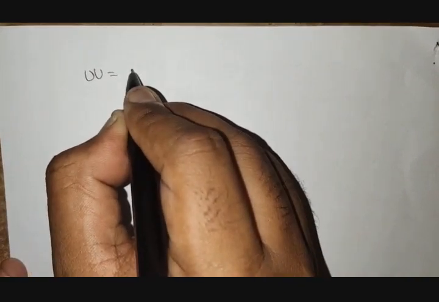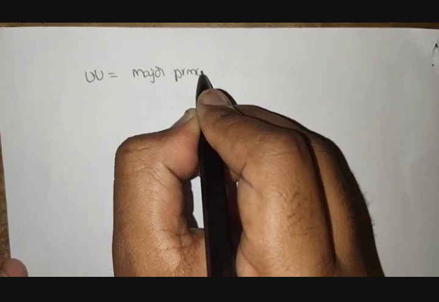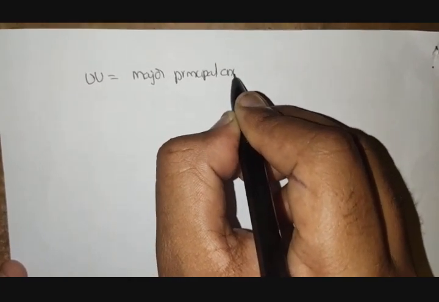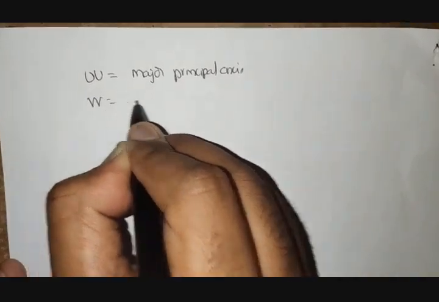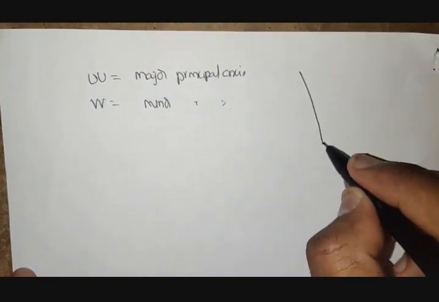So here, consider U as the major principal axis, and similarly V as the minor principal axis, since the axes have tilted in this direction.